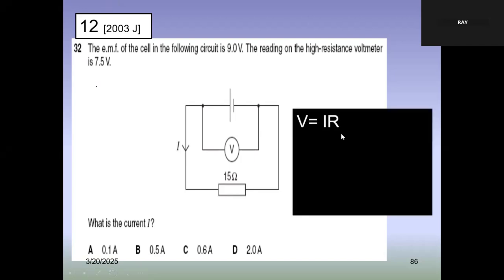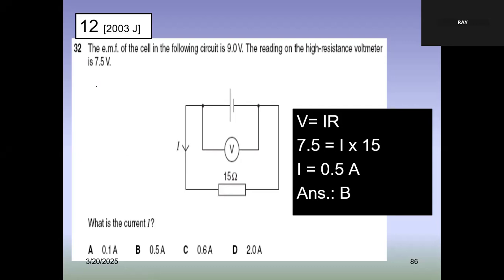V equals IR. Now you are looking across here. Find the current across here. You know that it's 7.5, so it's I times 15 ohm. Calculate, your I is 0.5 ampere. That's all. Answer B.